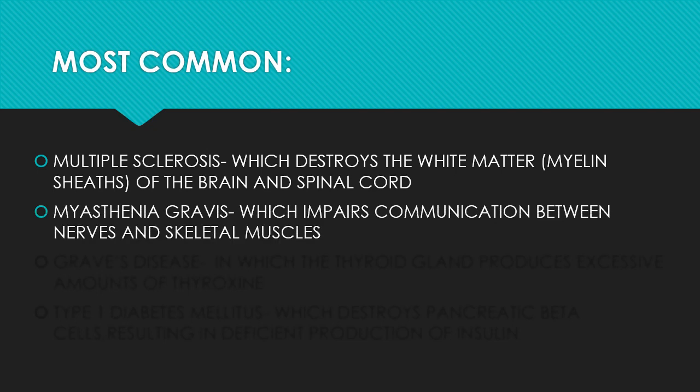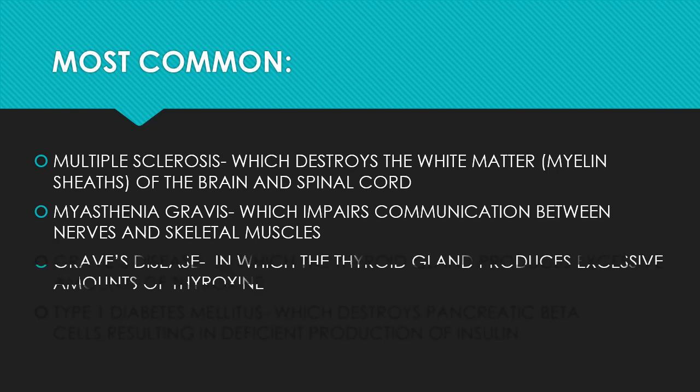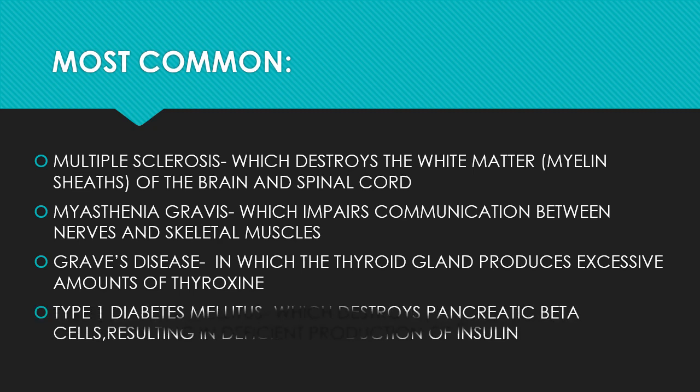So the most common autoimmune diseases are multiple sclerosis, which destroys the white matter or myelin sheaths of the brain and spinal cord. We have myasthenia gravis, which impairs communication between nerves and skeletal muscle. Graves' disease, in which the thyroid gland produces excessive amounts of thyroxine. And type 1 diabetes mellitus, which destroys pancreatic beta cells, resulting in deficient production of insulin.